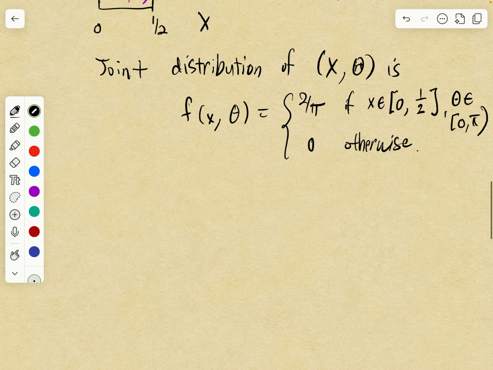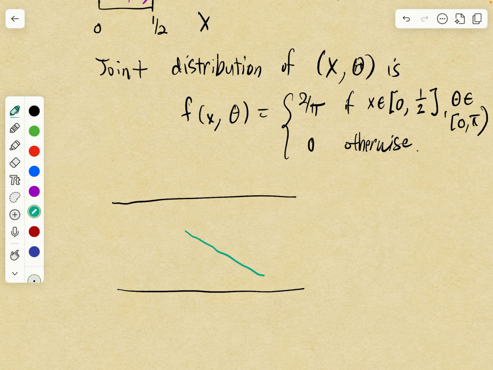And now, when does the needle touch the crack? Well, here's the picture. So here's the floor, and you have the needle like this, and the center is here, and we let x be the smallest distance from the center of the needle to the crack.